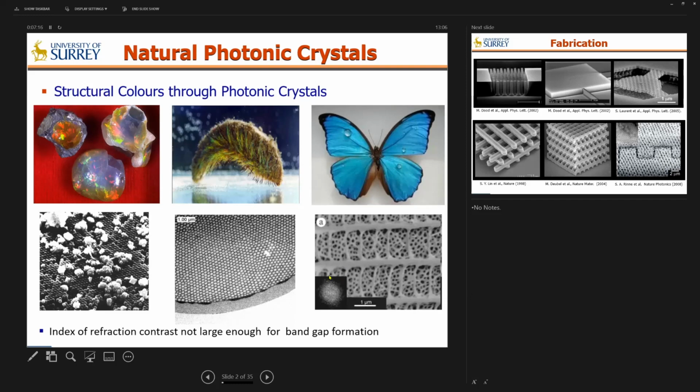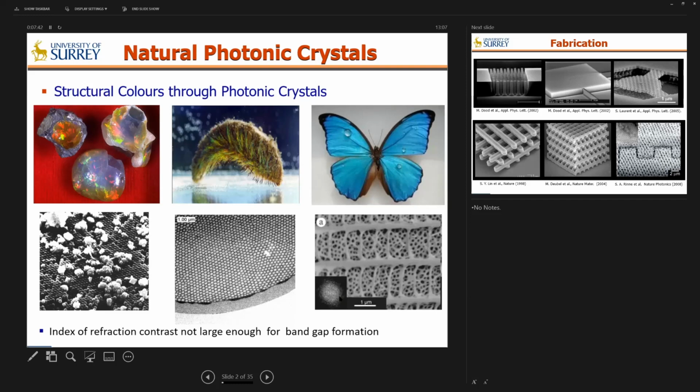And indeed, if we look at the structure factor, and if you remember from your solid state physics, a structure factor is basically a Fourier transform of the dielectric distribution. We analyze the dielectric distribution and perform a Fourier transform, and then come up with this structure factor, S as a function of K. And we note the complete absence of any Bragg peaks.